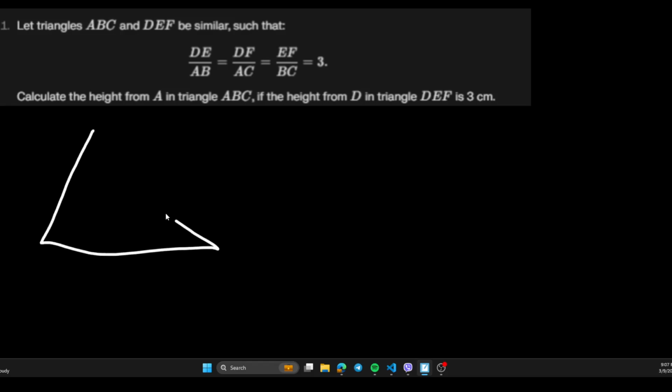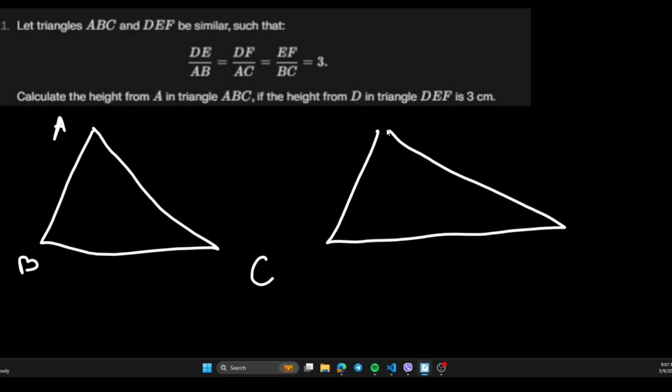So just draw them: A, B, and C, and D, E, F. Now you know that DE over AB equals DF over AC equals EF over BC, and equals 3.